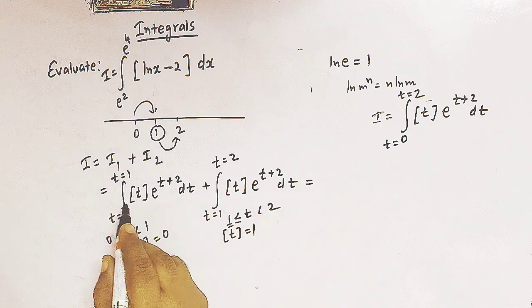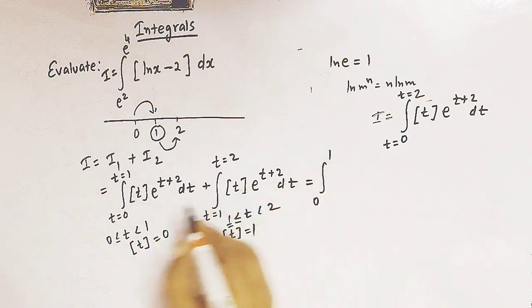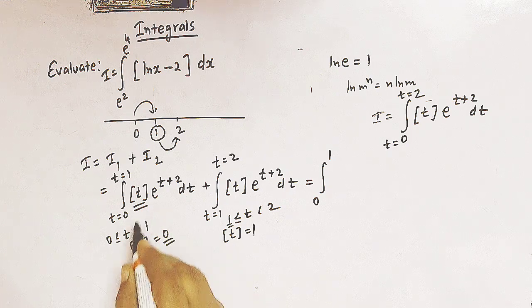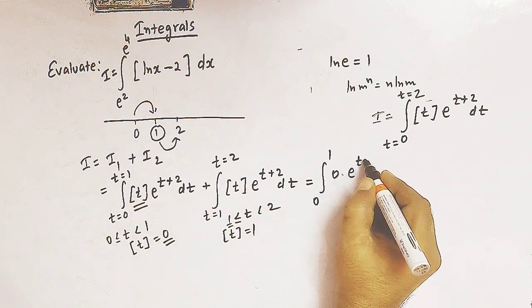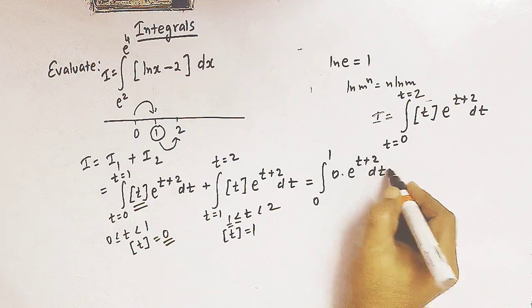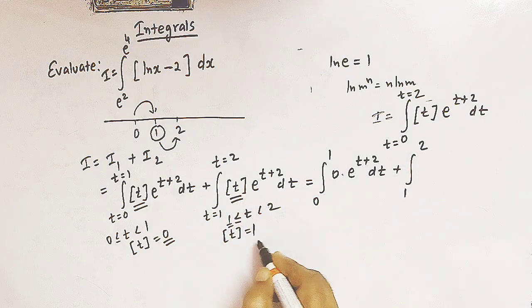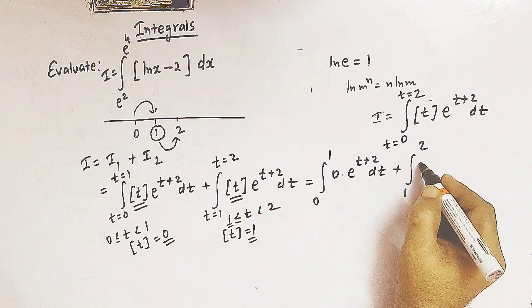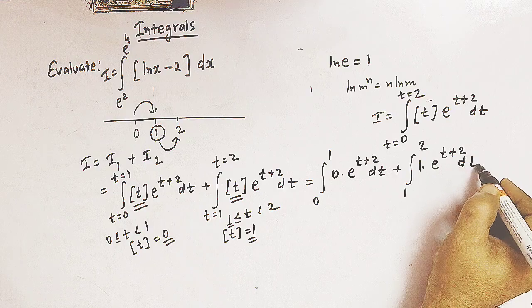So now we can rewrite these integrals as 0 to 1, and here we have 0 as the greatest integer of t. So this is 0. Here we have e raised to t plus 2 dt, and then we have 1 to 2, and here the greatest integer of t is equal to 1, and here we have e raised to t plus 2 dt.